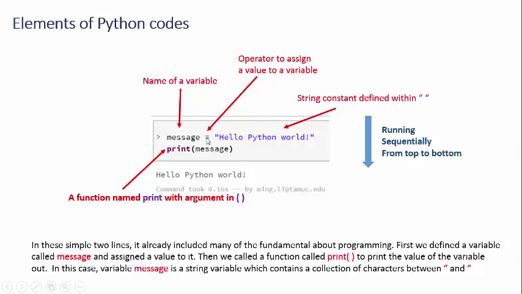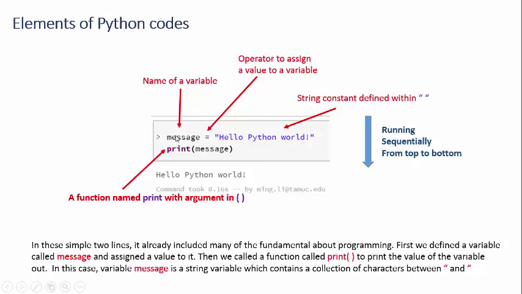And the equal sign is actually an operator to assign a value to a variable. And we can see that that is the content or the value, and this is the variable. The equal sign basically tells the computer, okay, I have a variable called message, and I want its content to be hello Python word.